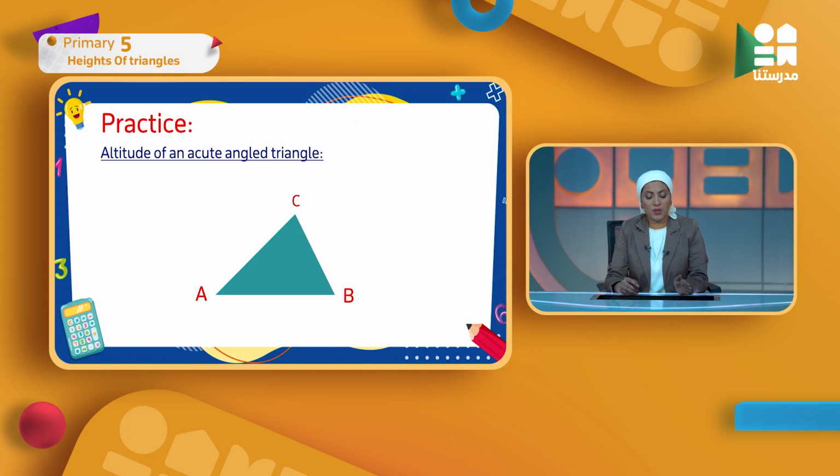Here I have triangle ABC, and this time I have already dropped an altitude from vertex A and an altitude from vertex C. Now it is vertex B's turn. So I will put the ruler at the opposite base, which is AC.